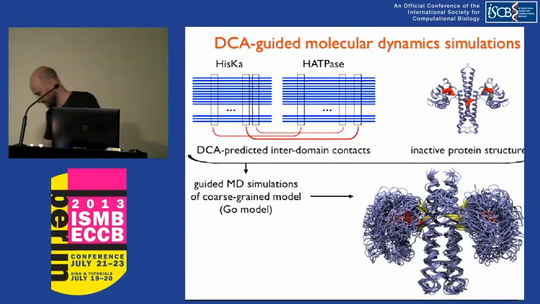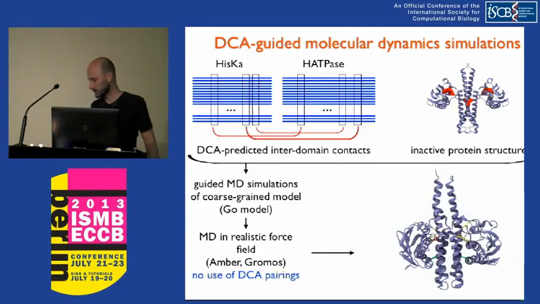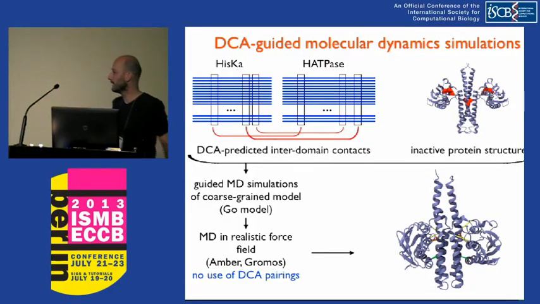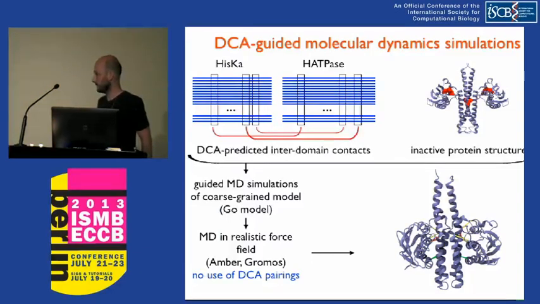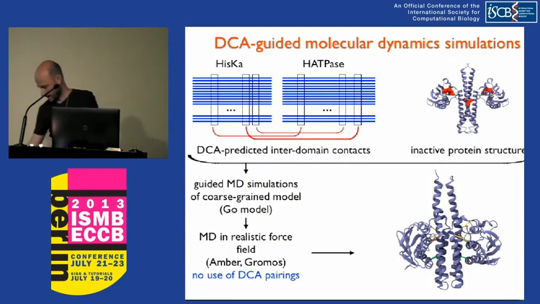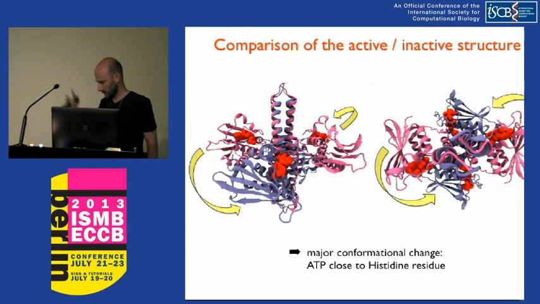Then we took this ensemble and tried to refine it in a realistic force field, without using these contacts. A part of this ensemble actually stayed stable and gave us this structural prediction.